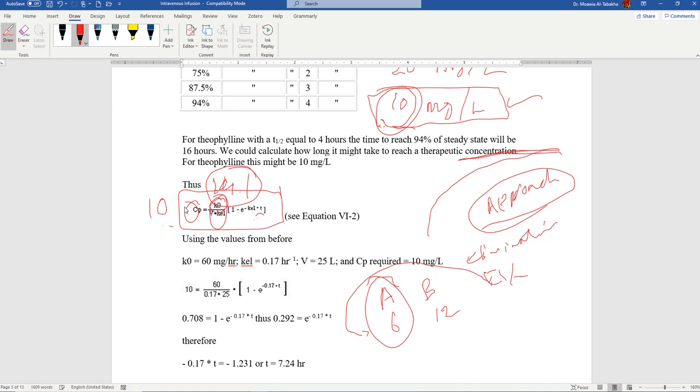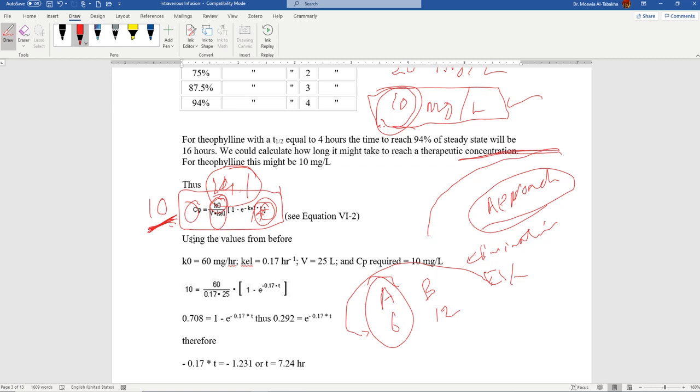I know my KL, which is 0.17, and t is what I need to calculate. What I need to calculate now is how much time it will take to reach the minimum effective concentration, which is 10. I'm not talking about CPSS. I'm talking about the minimum concentration.